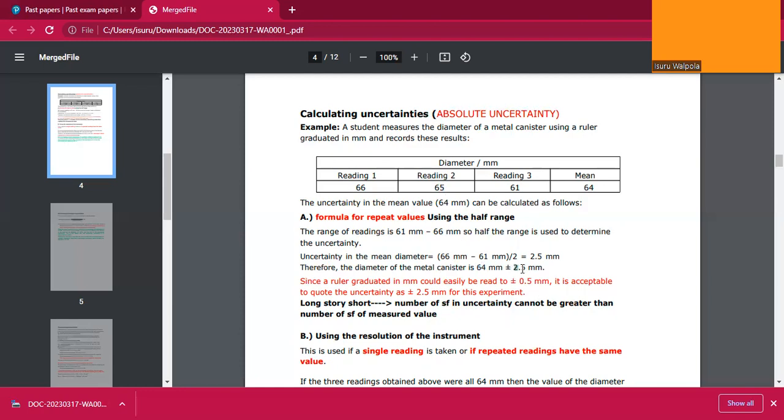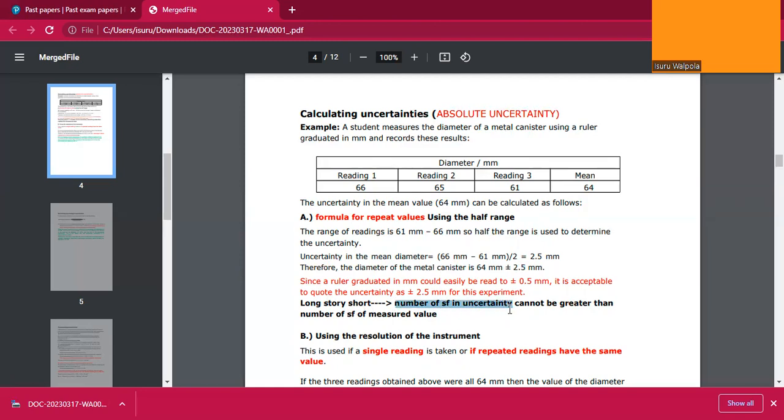So that is normally not acceptable. In all the recent past papers, you have to give this in such a number of significant figures that when you add and subtract it from the main value, the number of significant figures of the main value is unchanged.